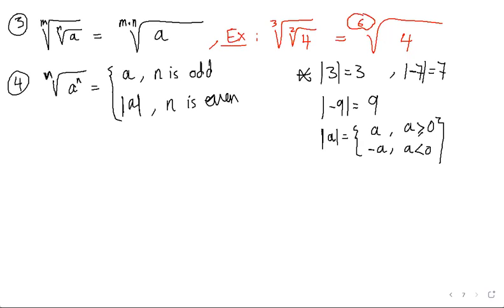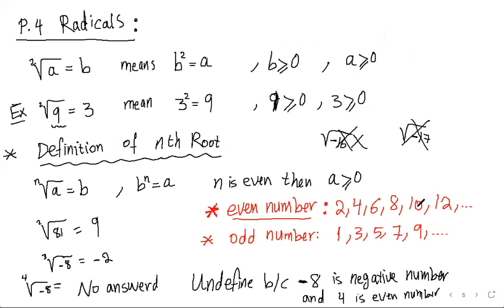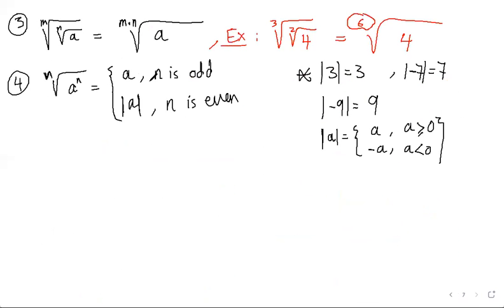So again, if n is even, the even numbers are 2, 4, 6, 8, 10, 12, and the odd numbers are 1, 3, 5, 7, 9, and so on. If n is odd, keep it like a, whether a is positive or negative doesn't matter. But if n is even, the answer must be positive.